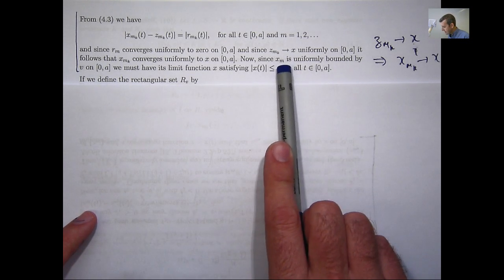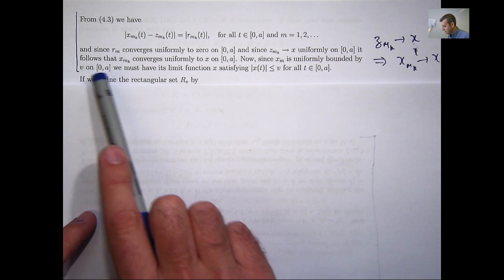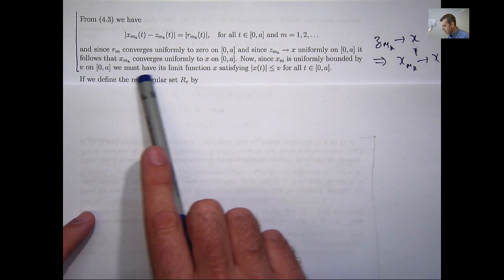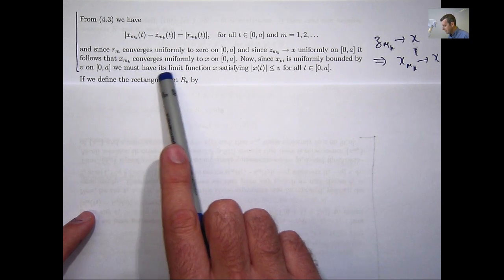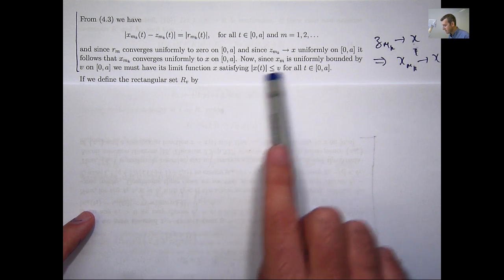Okay, well, x sub m is uniformly bounded by v, this sequence, and so we must have its limit function, x, satisfying the same bound.